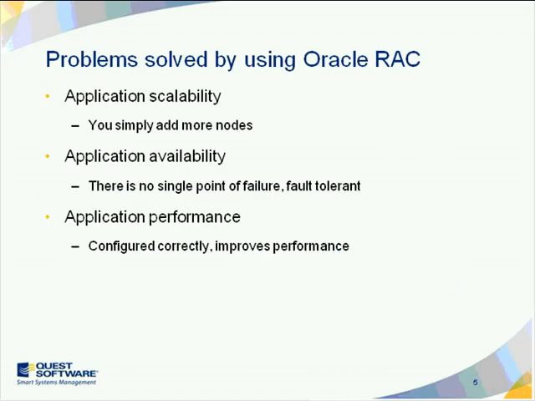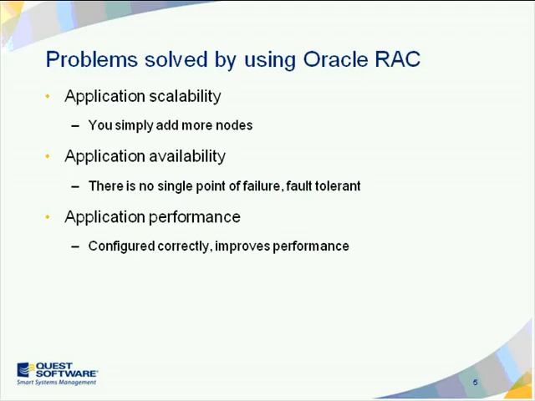So what problems are solved by people using an Oracle RAC configuration? Well, the first one is reasonably obvious, and that is scalability. If you want to increase the scalability of the application, you simply add more nodes to the cluster. Now, I'm oversimplifying it. It's not as easy as that, of course, because you've got to make sure that everything is balanced and configured properly.